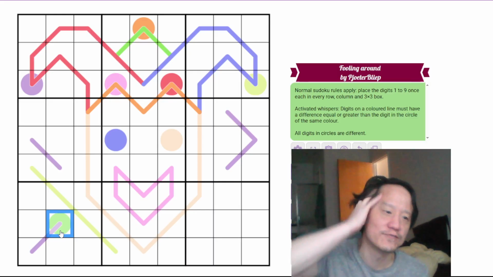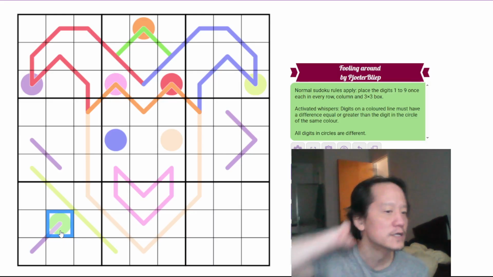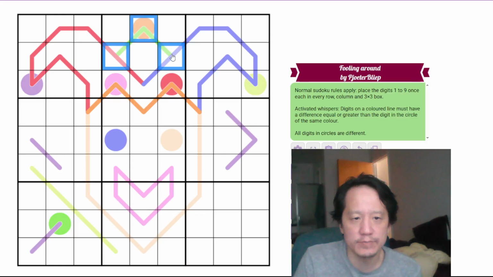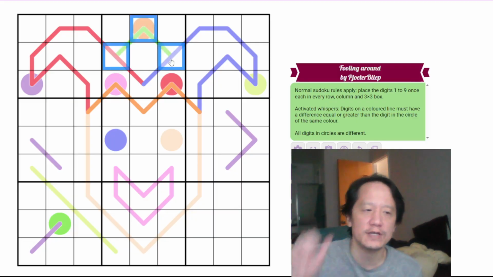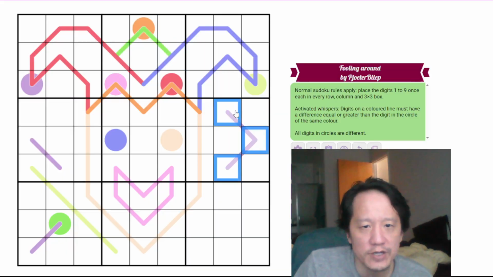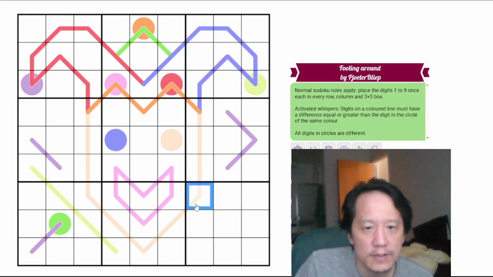And you cannot have a difference of 9 between lines. So where are the differences that could be 8? Well, dark green cannot be that because you have 3 digits here, and to have a difference of 8, it has to be 1 and 9 specifically. Neither can lavender because you have 3 here.